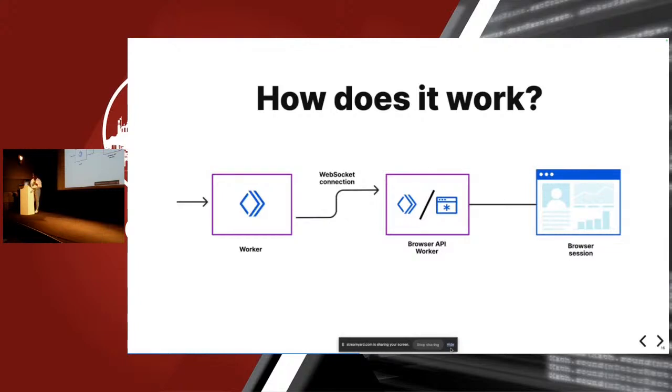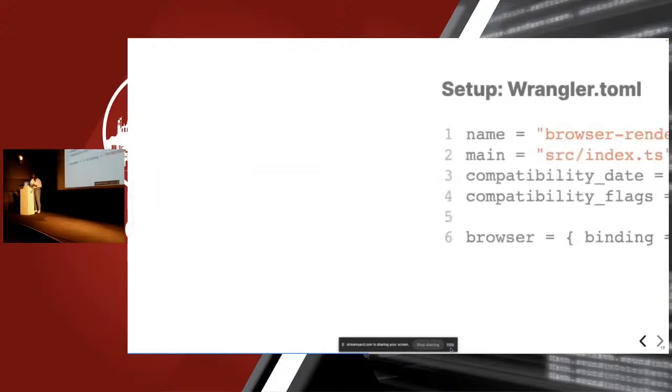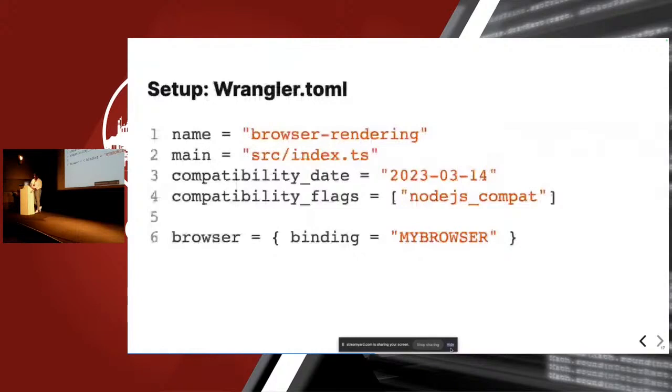And then what we've done is wrap the Puppeteer library so that it works directly inside your Workers project. So all you need to do when you're starting up a project that needs the rendering API is to install the Cloudflare Puppeteer library. And I will show you how to do that in a demo shortly.